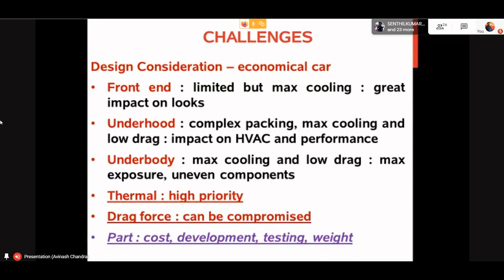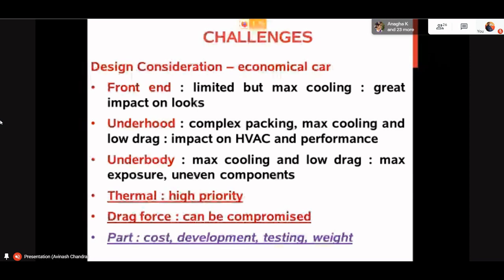We are not talking about the Rolls Royce, the Audi or BMW, the higher-end cars, or the kind of Passat or Porsche. If we talk about the normal economical car, say up to 10 lakhs in the Indian market, including SUVs and sedans, let's talk about the Maruti Swift, Maruti cars, or any car which comes approximately 10 to 15 lakhs.